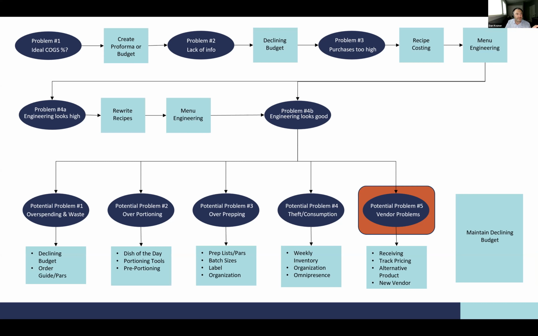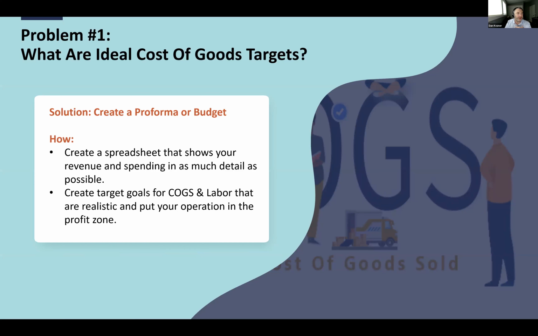So let's go back up to the very first problem, which is problem number one, and identifying what our ideal cost of goods are. So there's a couple ways to do this, but basically, when clients come to us, we create a performa, and I'll show you kind of what a performa looks like here in a moment. But it's a balancing act.